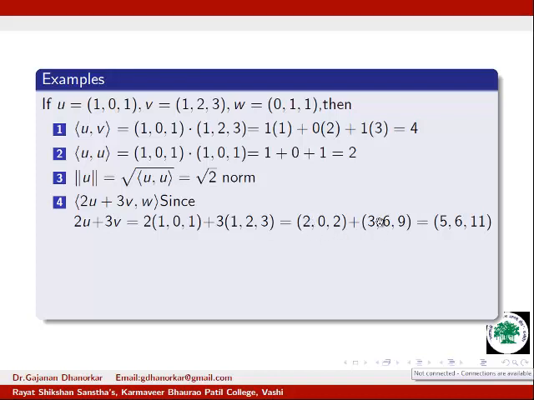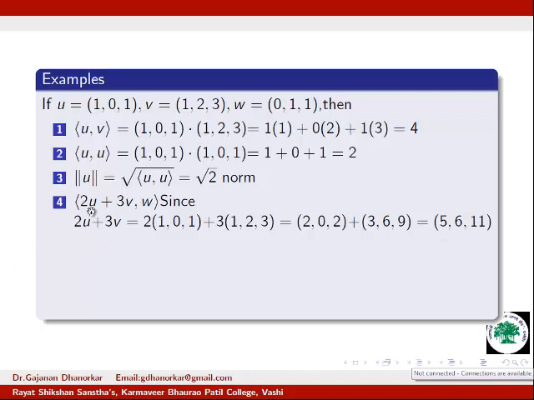Then we take coordinate-wise addition of these two vectors, and we get 5, 6, and 11. This is the sum of these vectors.